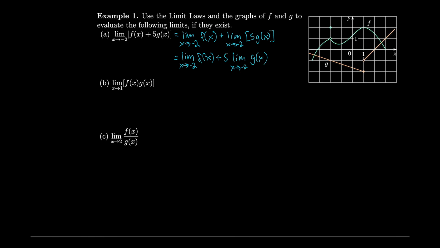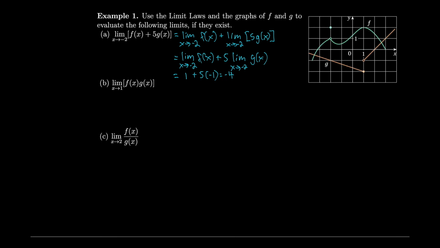If we look at g of x as x approaches minus 2, over here, if we go in either direction, we can see that it approaches minus 1 for the y value. So that means this equals 1 for the limit of f plus 5 times minus 1 for the limit of g, and that adds up to minus 4.